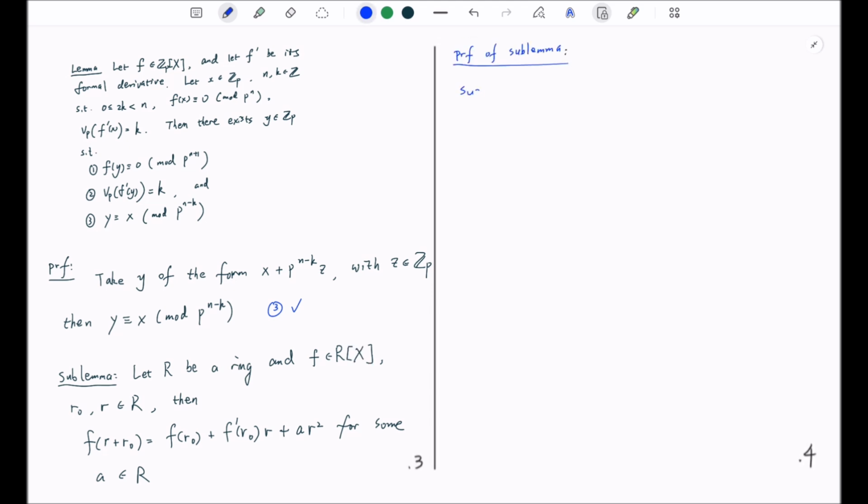Suppose F takes the following form. Then F of r plus R0.